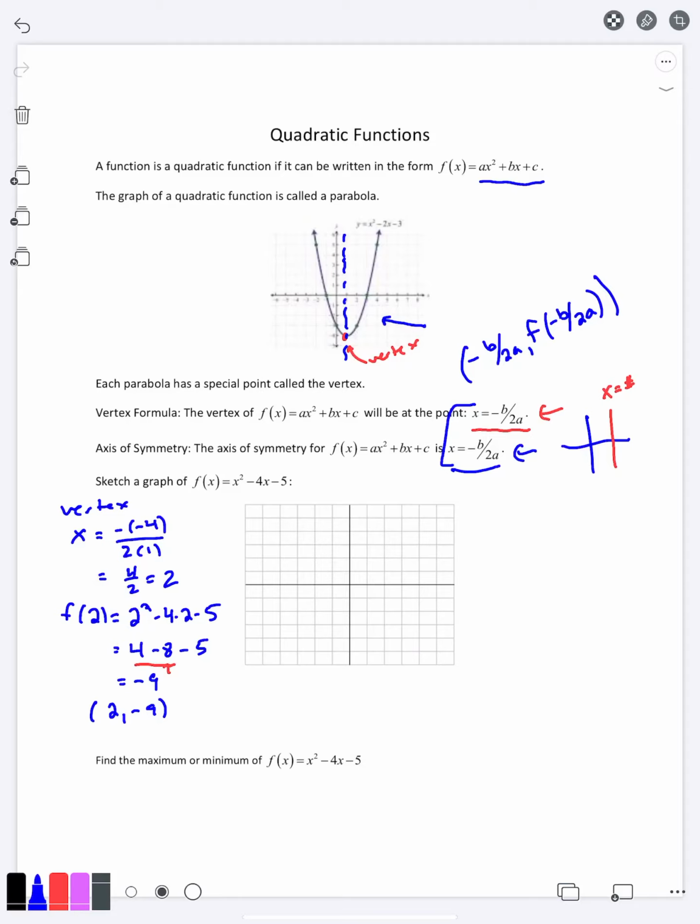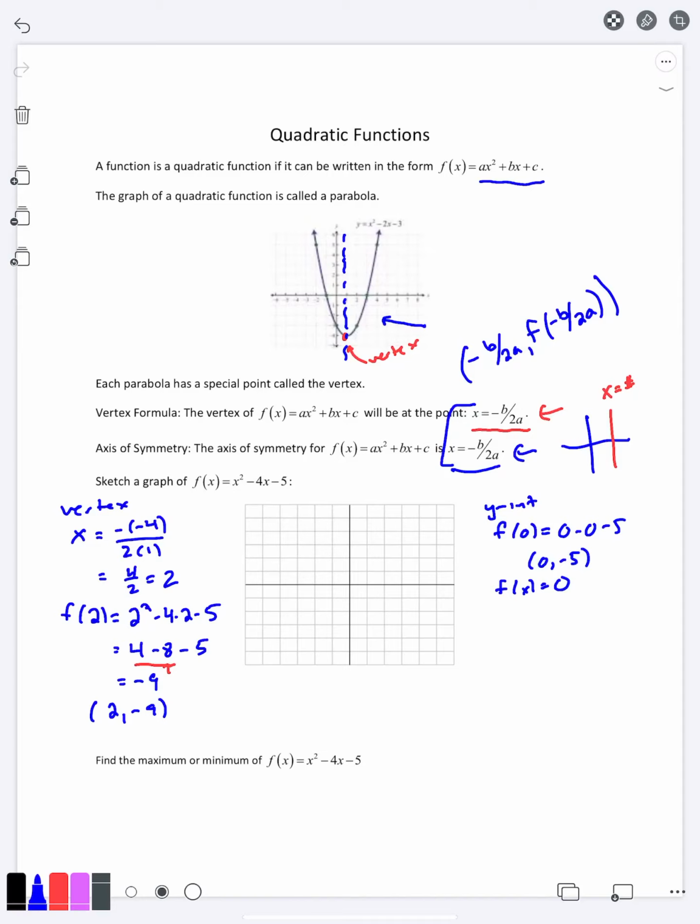Now, once you have your vertex, you're going to want to find your y-intercept. To do that, we just plug in 0 for x. And we're going to get the point 0, negative 5 here. The last thing you want to do is try to find the x-intercepts. Some of these will not have any x-intercepts, in which case, oh well, you can't do anything with it.